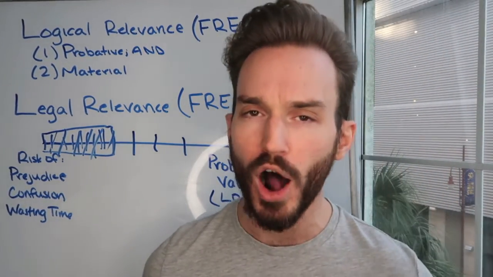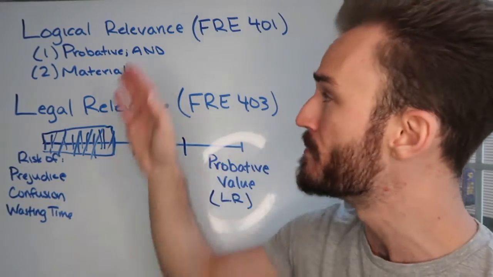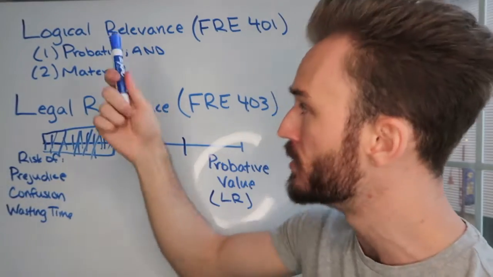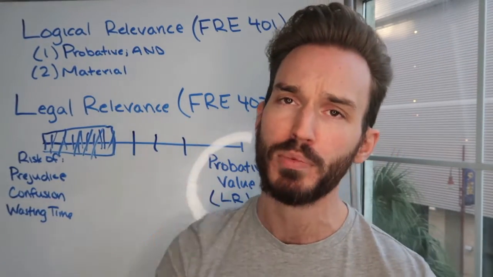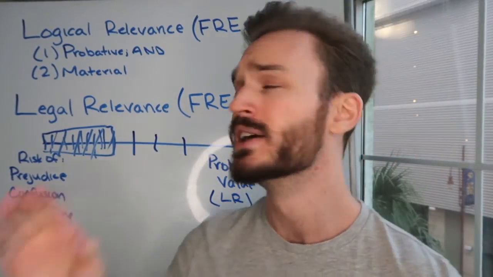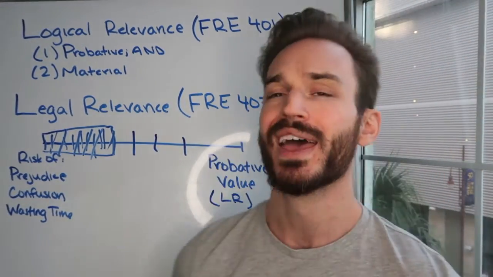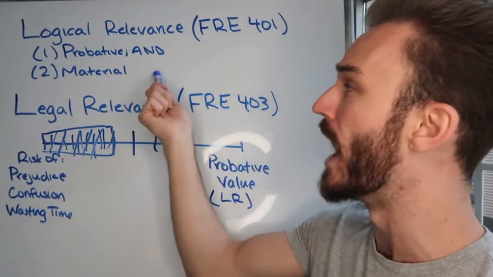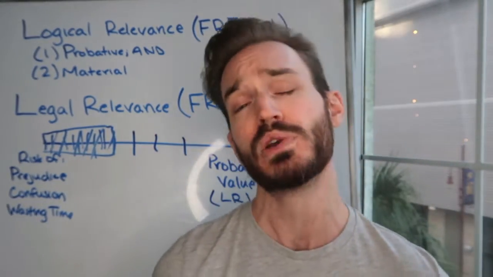But I hope the key to remember overall is step one: determine if it's logically relevant. For each piece of evidence, is it probative and material? Even if it's 1% probative and 1% material, that's enough for a logical relevance test. Step two under 403 is legal relevance. If something has a very tiny probative value under your logical relevance test, that should be a red flag.